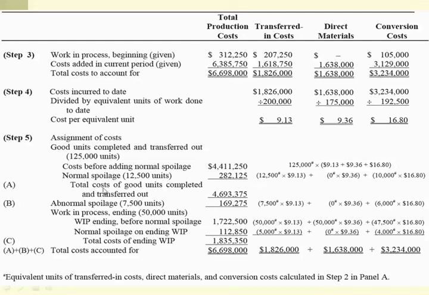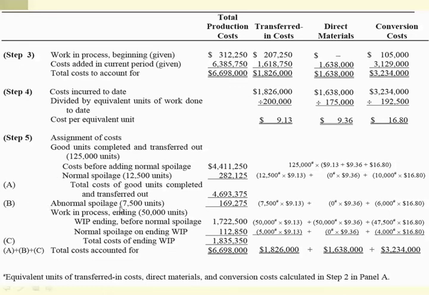So total costs of good units completed and transferred out equals 4,411,250 plus 282,125 equals 4,693,375.